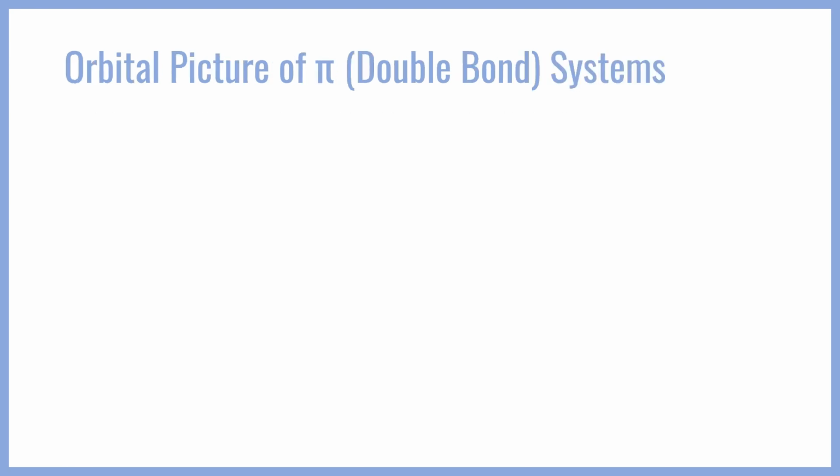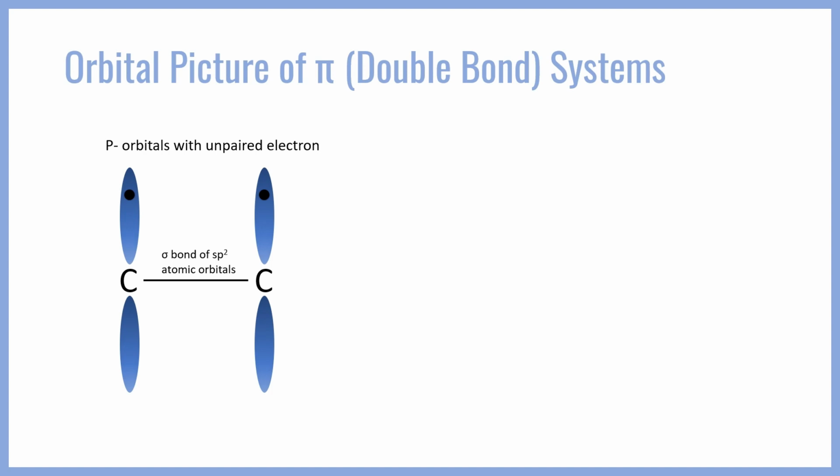It's important to understanding resonance structures to first understand what exactly a pi bond is. I'm going to remind you that pi bonds form when you have two p orbitals which are parallel, each with an unpaired electron. These p orbitals can form a sideways overlap, right? We know that the sigma bond, which is this line between the two atoms, is formed by end-over-end overlap.